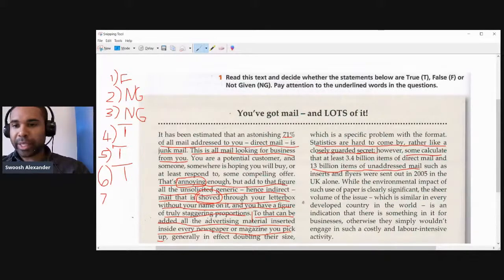And does it say every year? Okay, was sent out in 2005. So this is where we have to be careful, because it says specifically in 2005. It doesn't say that this is the case for every year. So in that case, we would have to say that the answer is false. It was only specifically for 2005.